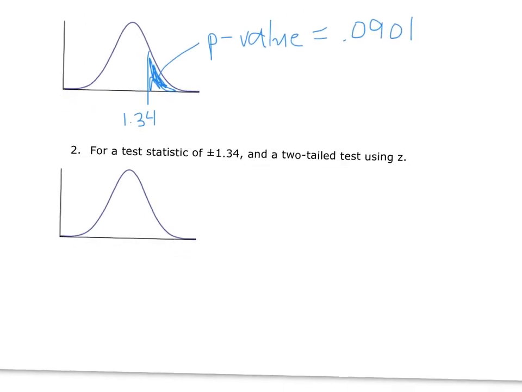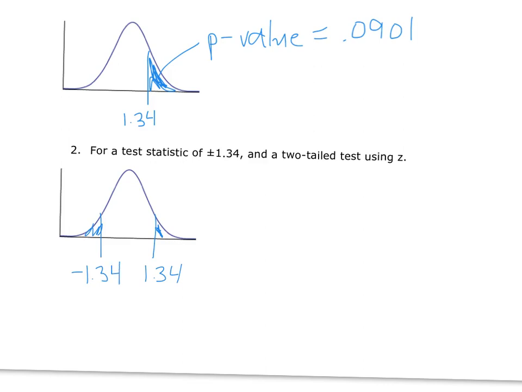All right, for a test statistic of plus or minus 1.34 in a two-tailed test, we've got two tails, to the right of positive 1.34 and to the left of negative 1.34.